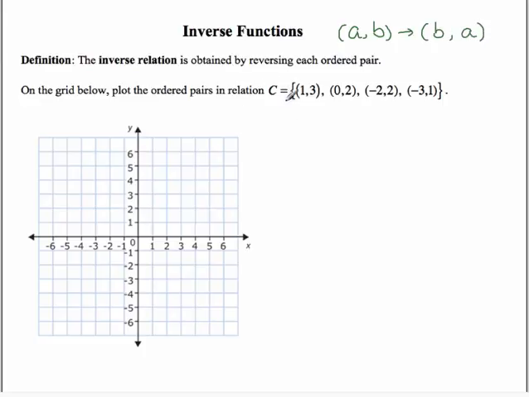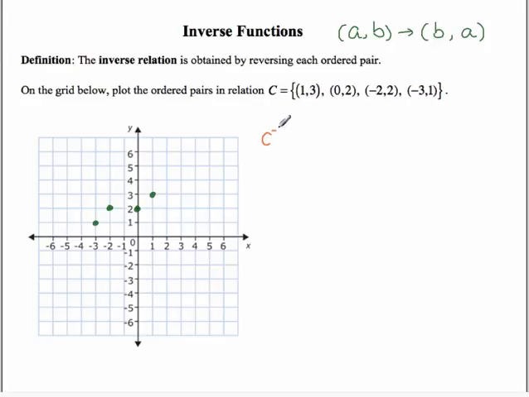Okay, so the first thing I'm going to do is, in green, plot these 4 points: (1, 3), (0, 2), (-2, 2), and (-3, 1). Because I know what an inverse relation is, we just have to reverse the ordered pairs.